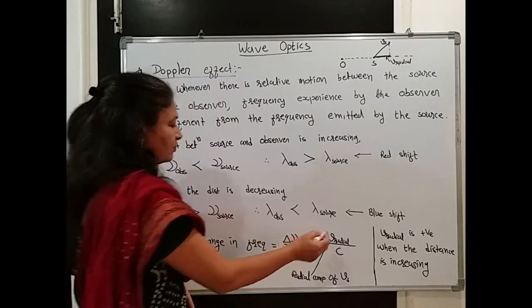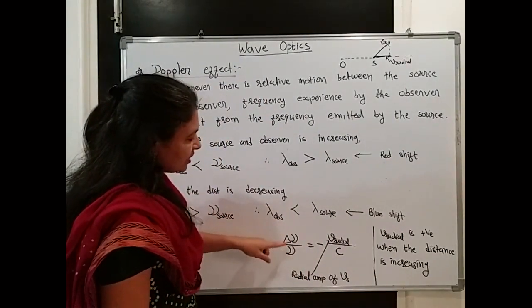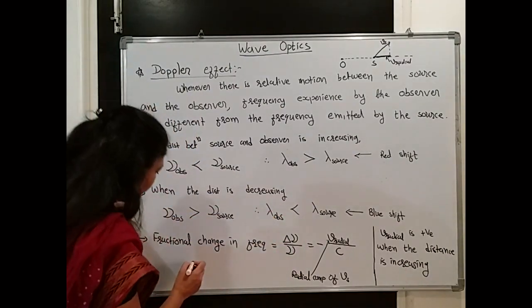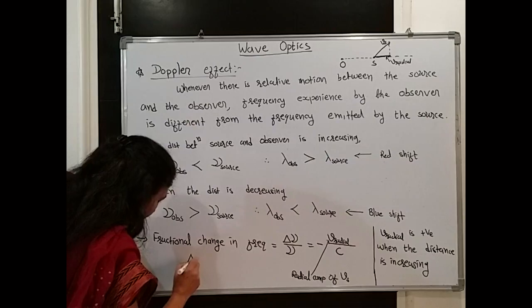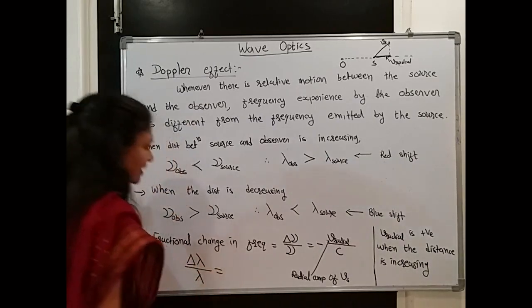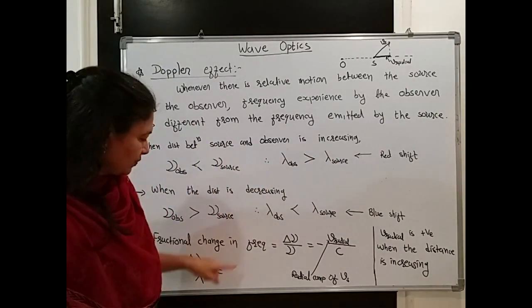You have to memorize this formula. Okay. Now this is for delta nu by nu. Now from this, if I want delta lambda by lambda, then what should be the case? Delta lambda upon lambda, these two are inversely proportional.